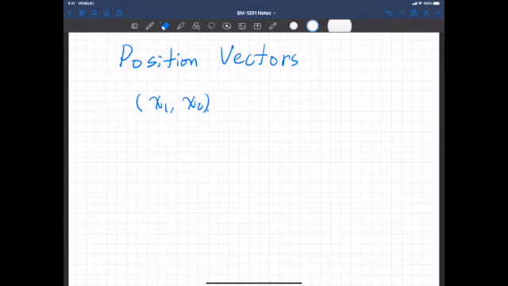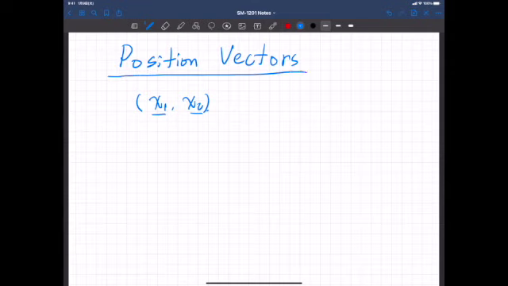But if we consider these as the coordinates in two-dimensional space, then this vector is interpreted as a position vector. Okay, and let us see some applications of this interpretation.